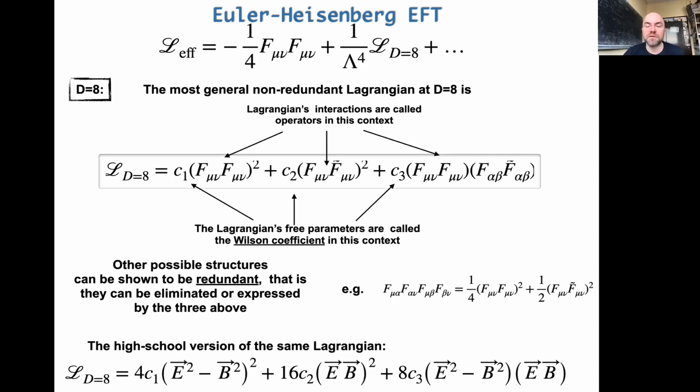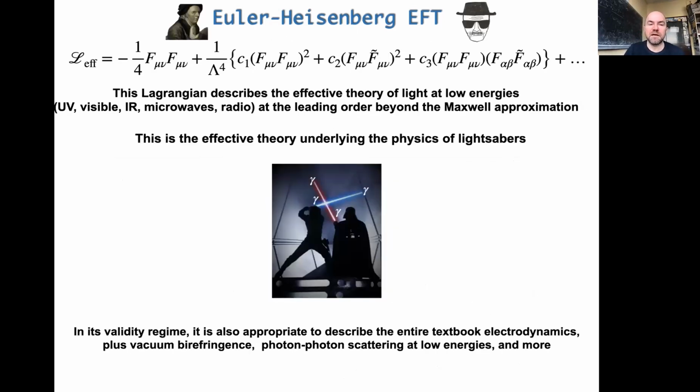Again, you can show that this exhausts all the possibilities. Whatever else you write, you can either eliminate it by change of variables, or show by some simple algebra that it is equivalent to the ones that we've already written. So if you write the effective theory for the photon up to dimension 8, this is what you get. This is the most general Lagrangian.